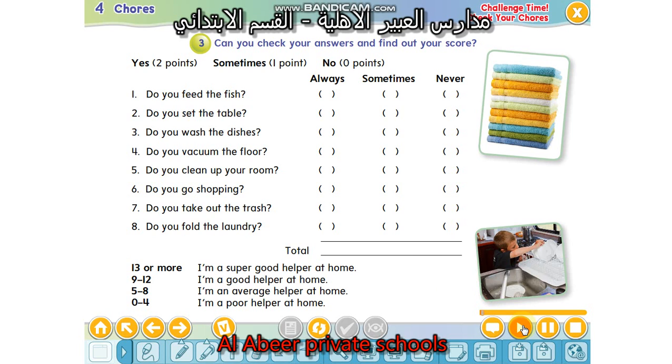1. Do you feed the fish? Now check yes, sometimes, or no. 2. Do you set the table? Now check. 3. Do you wash the dishes? Now check. 4. Do you vacuum the floor? Now check. 5. Do you clean up your room?